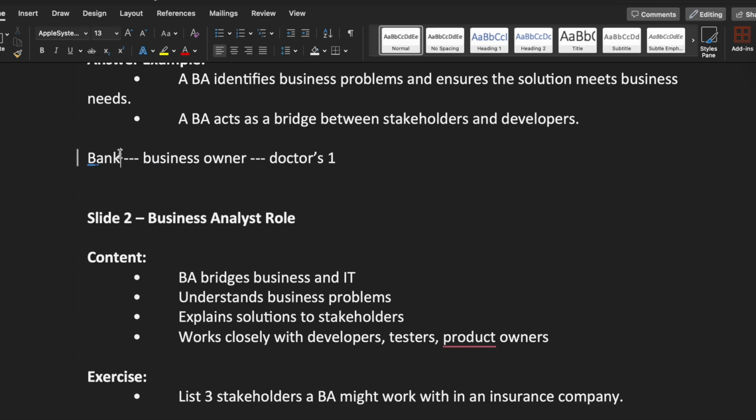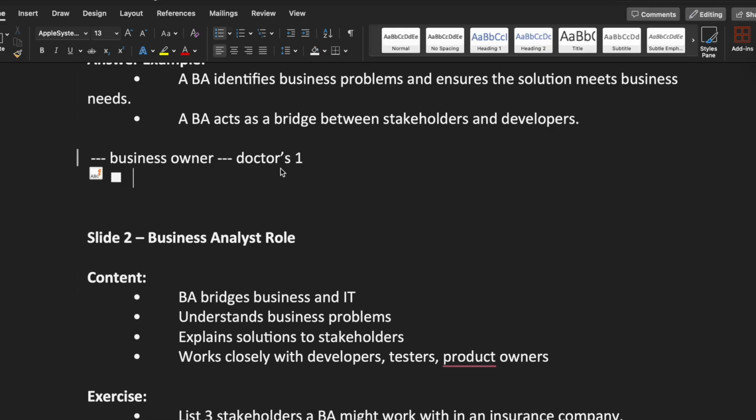So this is one or two persons directly owning it. Now, a big organization, a corporate office, like a bank. A bank has so many products: debit cards, credit cards, loans, mortgages.